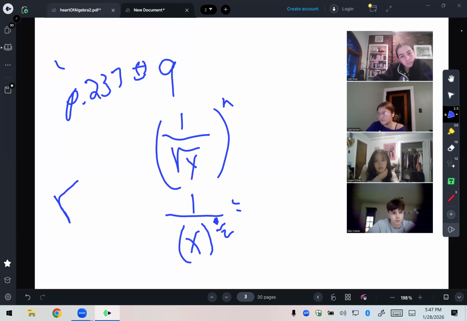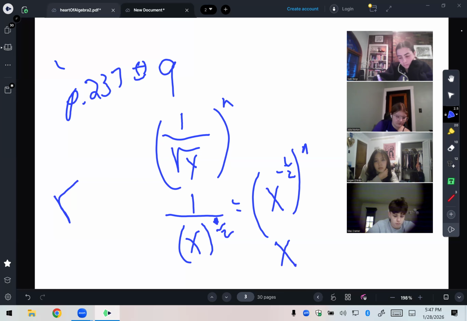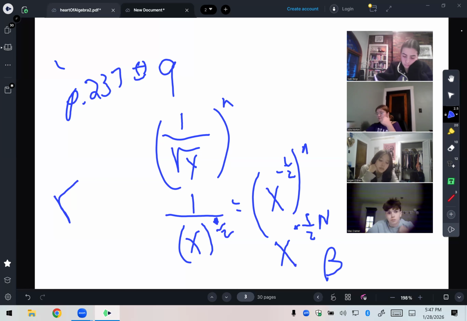So this will be x to the minus 1/2 when I bring it up here times n. And now I can multiply these and I will get answer choice B. Okay, take a minute and process that. Is that good for this group? Good. Gabby, you're good, and Logan, thumbs up.